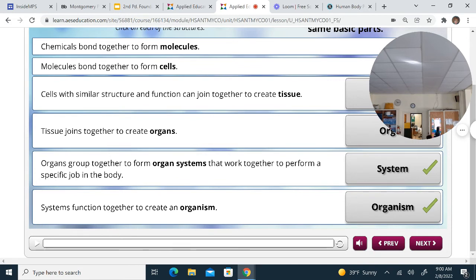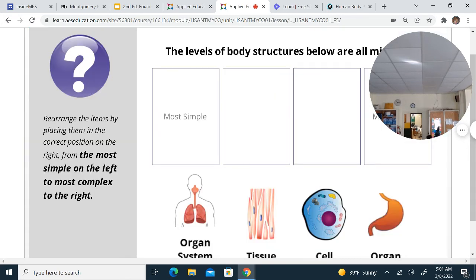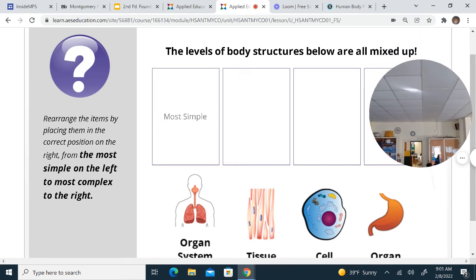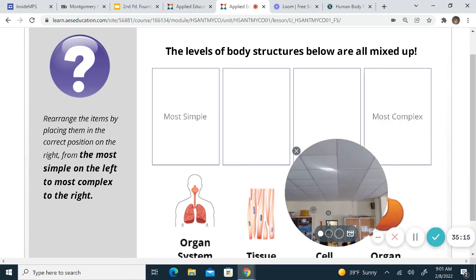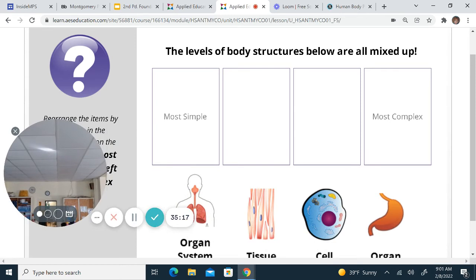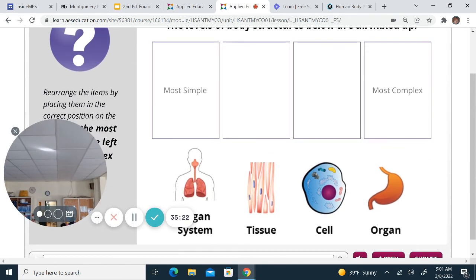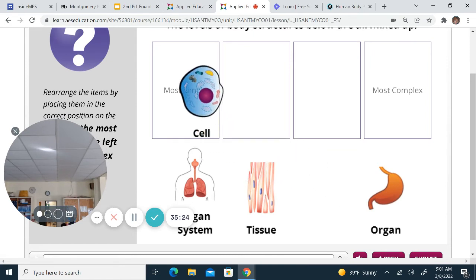So all these things, molecules, cells, tissues, organ systems, organisms, organ systems that make up an organism, which is our body. The levels of body structures on the left are all mixed up. Rearrange the items by placing them in the correct position on the right. All right, so what's the most simple? What's next?